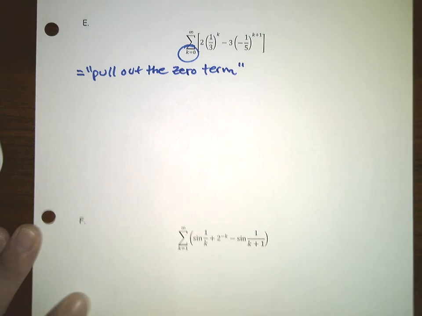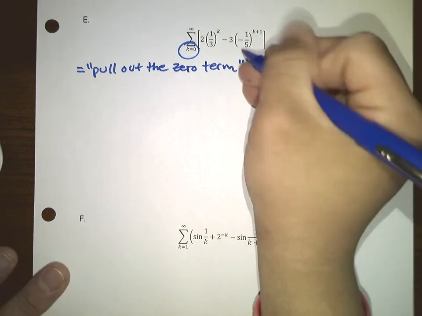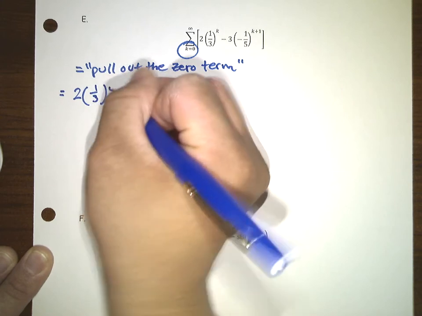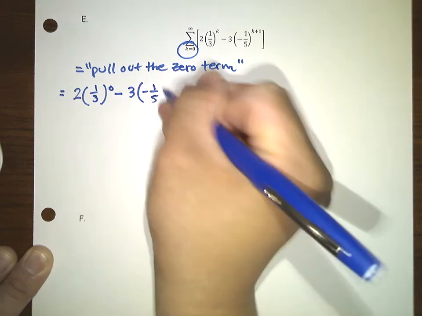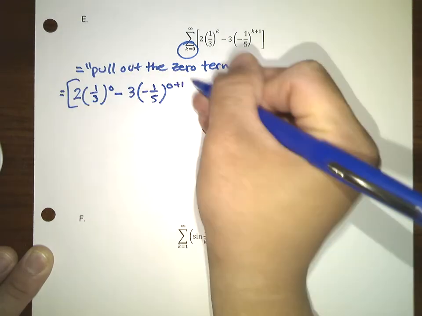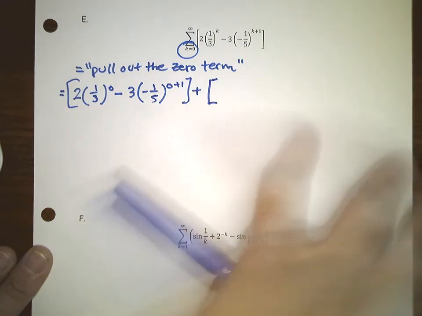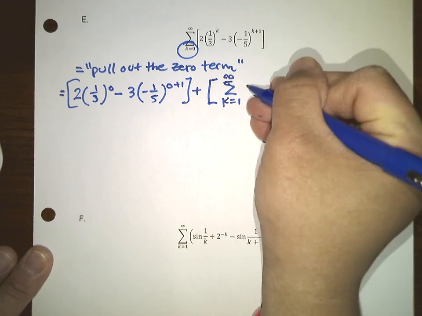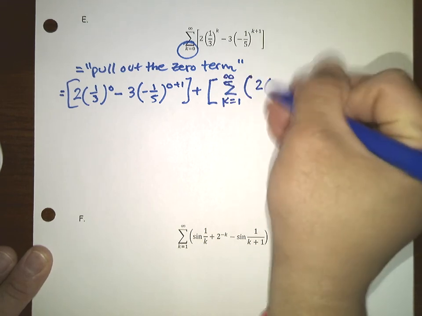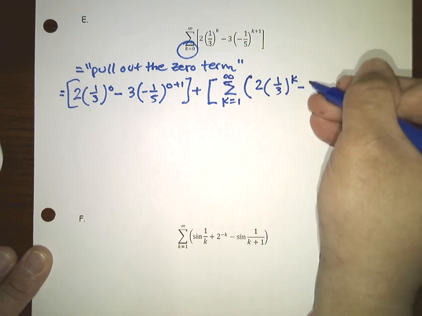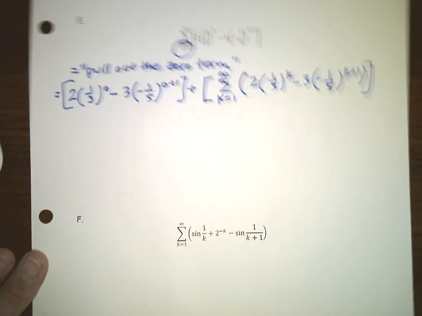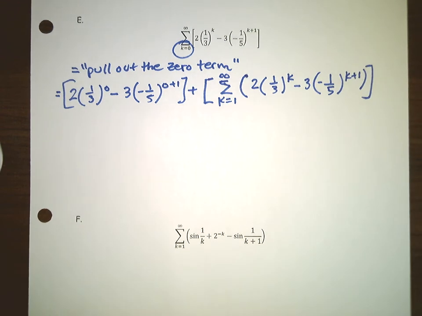If I wrote this all out long form, it's 2 times 1/3 to the 0 minus 3 times negative a fifth to the 0 plus 1, then plus, instead of writing out all the rest of the terms, I can just leave it as sum k equals 1 to infinity of 2 times a third to the k minus 3 times negative a fifth to the k plus 1. And then I'll figure out what these first two terms were.